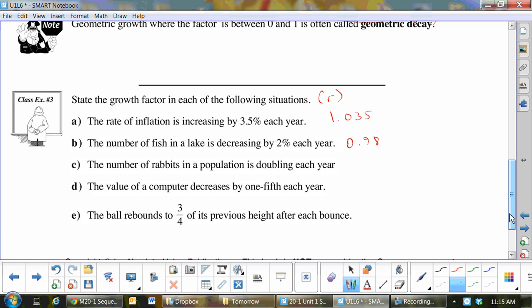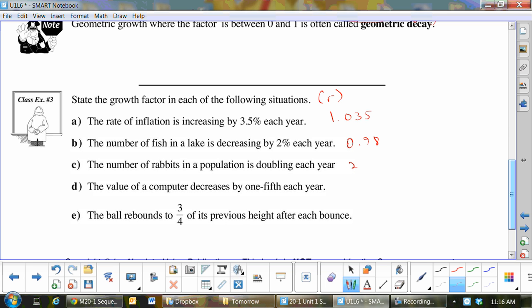Okay. Next one. Number of rabbits in population is doubling each year. Ooh. So how much more will we have next year? 100% more, right? Okay. So 1 plus 100, or 1 plus 100 plus 100 is 200, or 2. Okay.